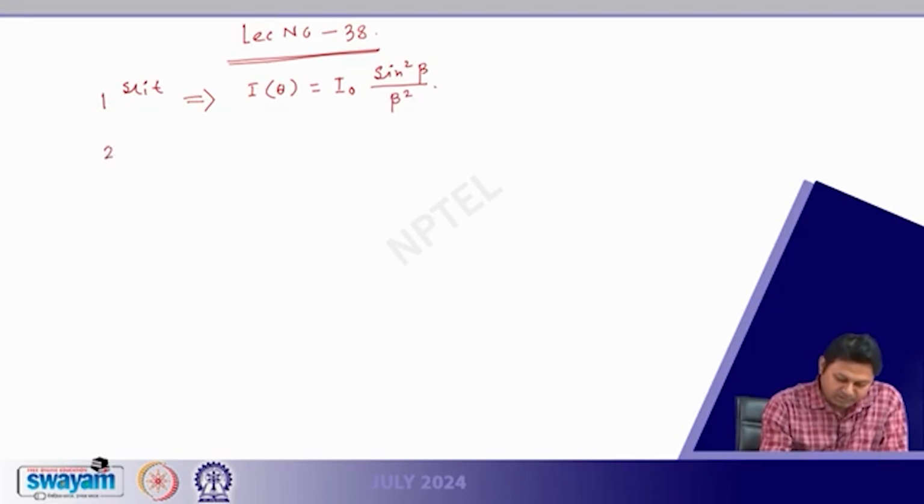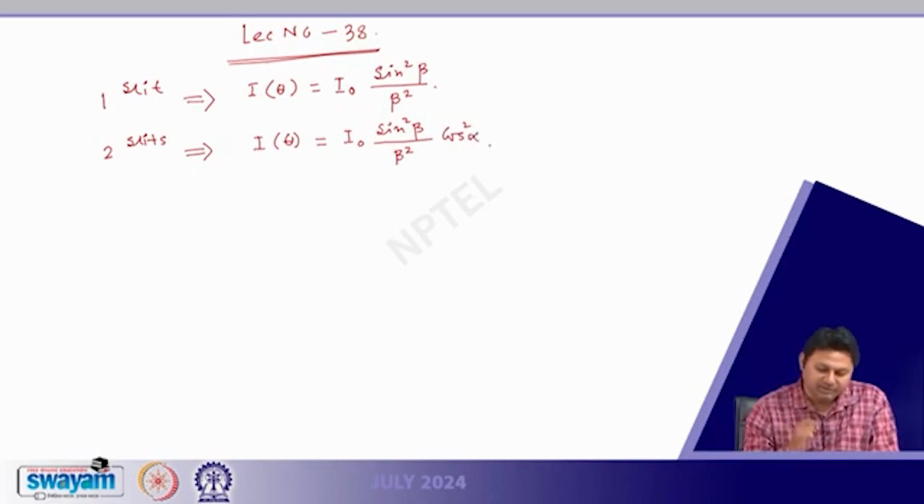For two slits, we calculated that the intensity distribution, which is a function of theta, is I naught sine square beta divided by beta square and cos square alpha.